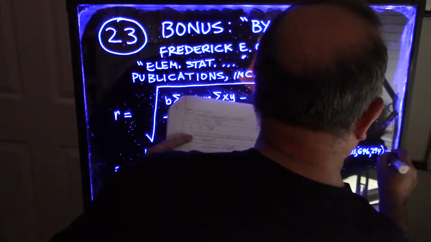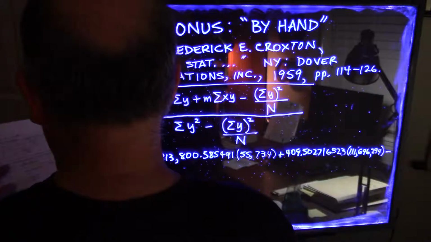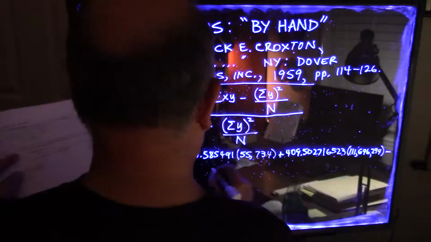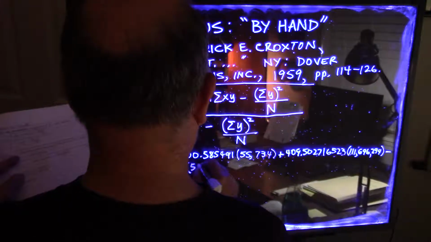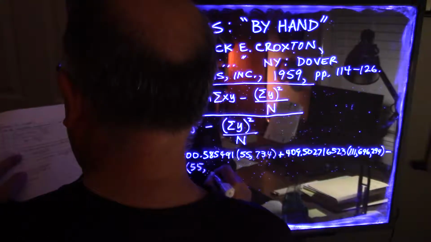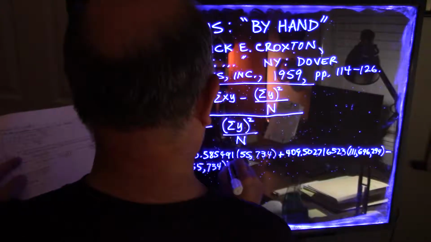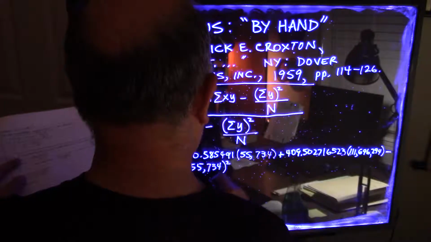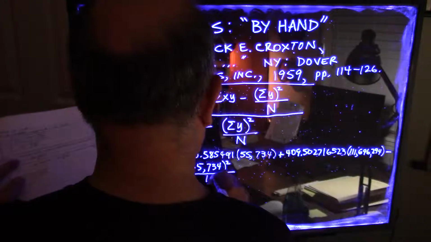and then minus, minus what? That's over here, 55,734. And then you have to square that over 10.